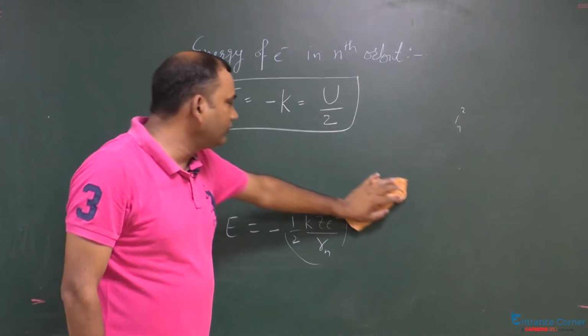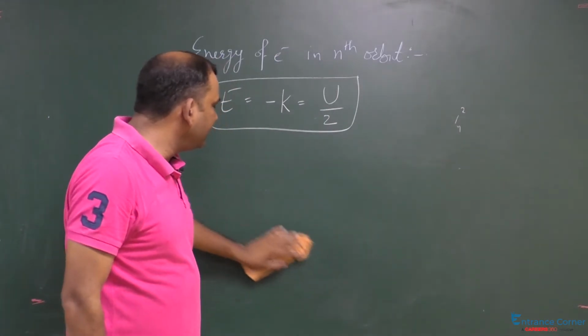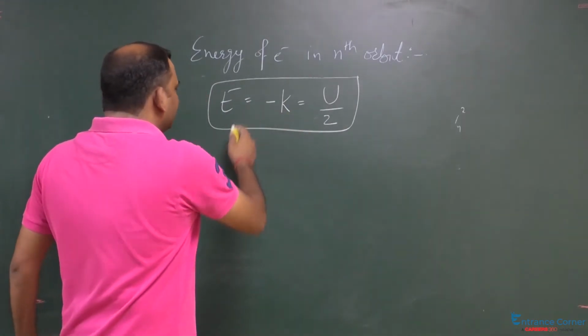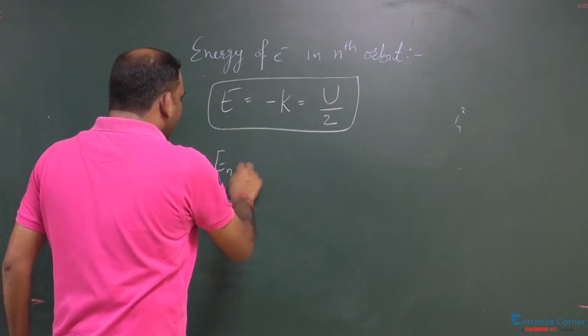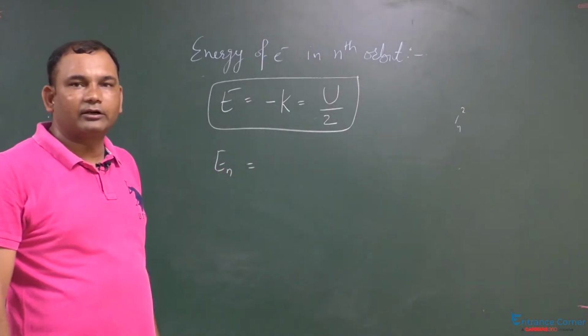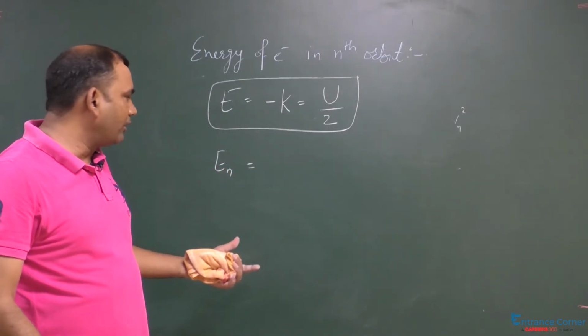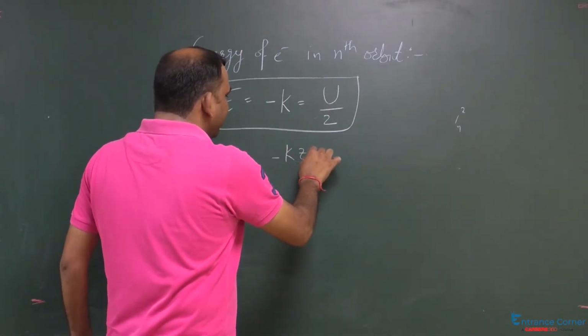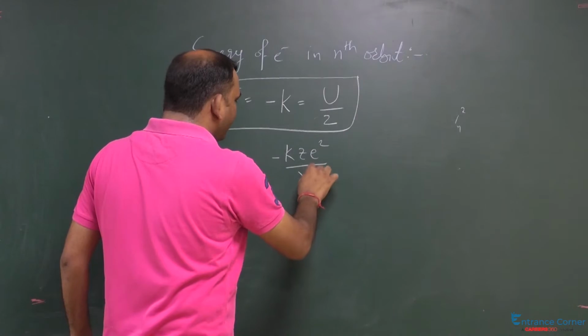Now, we want to calculate the energy of the electron in the nth orbit. So, En, the energy of the electron in the nth orbit, is equal to minus K ZE square upon Rn.